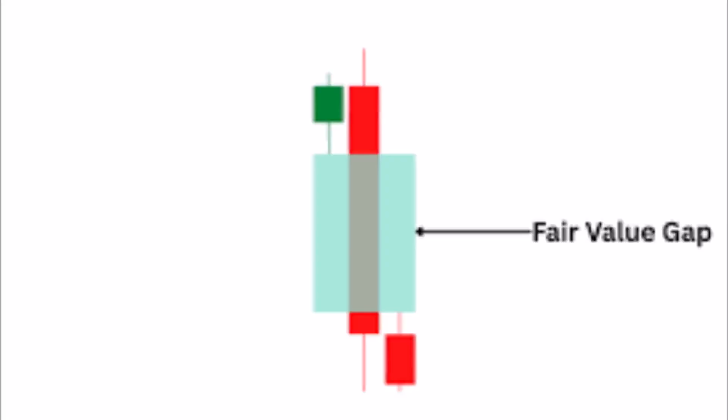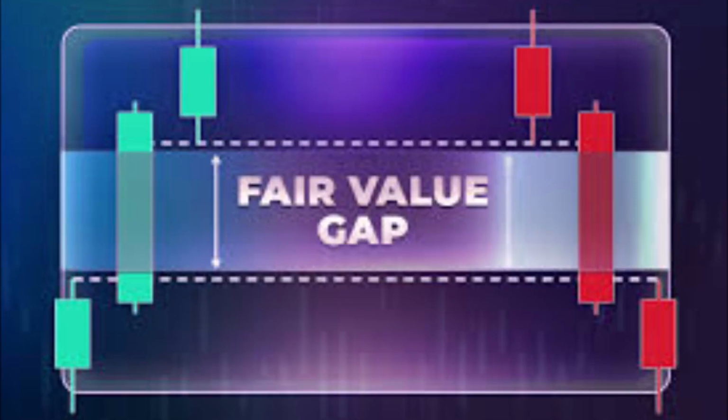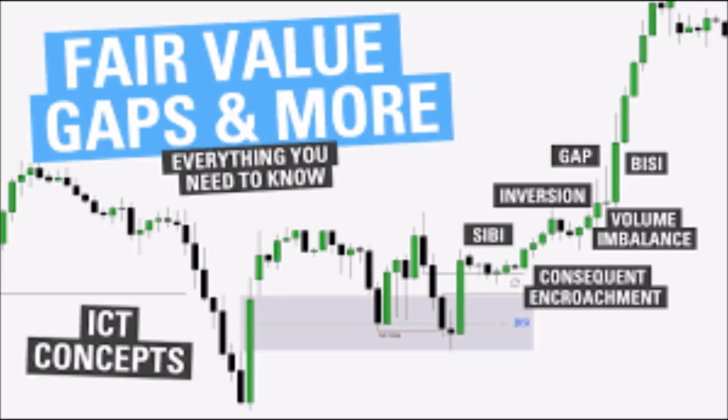What is a fair value gap? A fair value gap is a price imbalance left behind when the market moves too quickly in one direction, creating a void where normal two-way trading, buyers and sellers, did not occur.